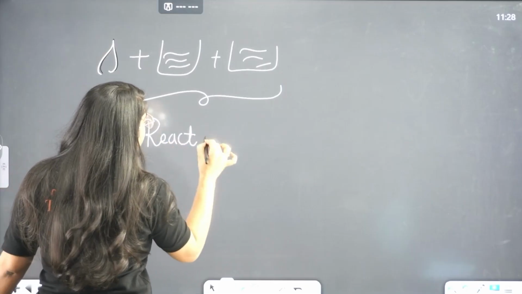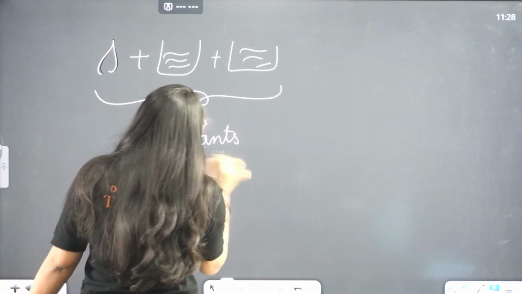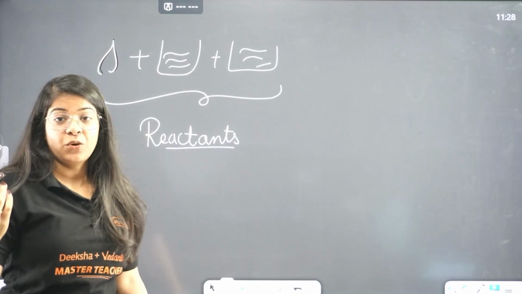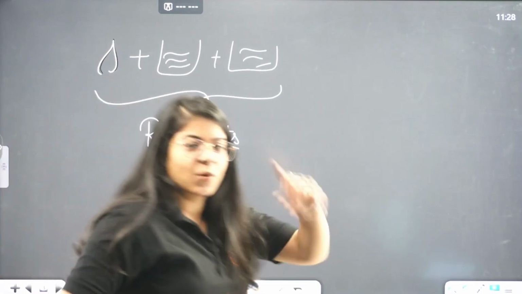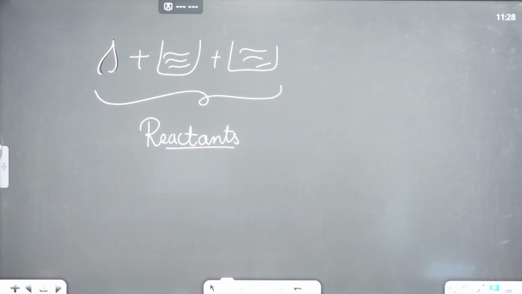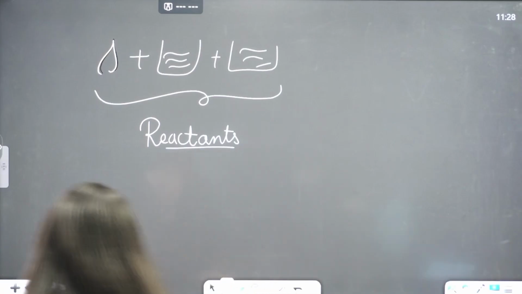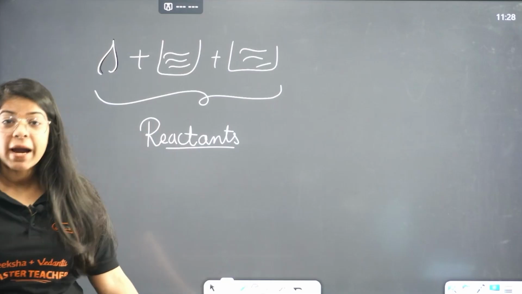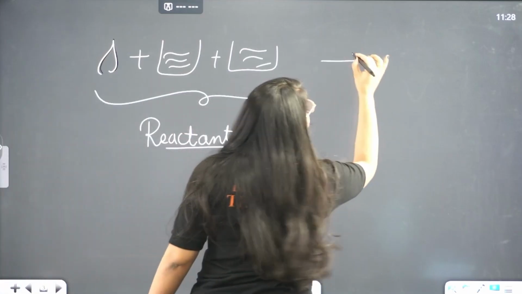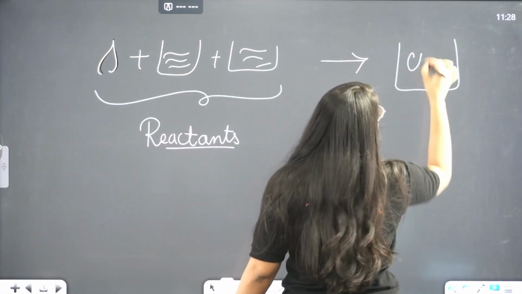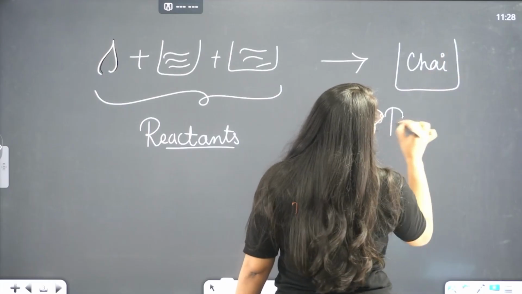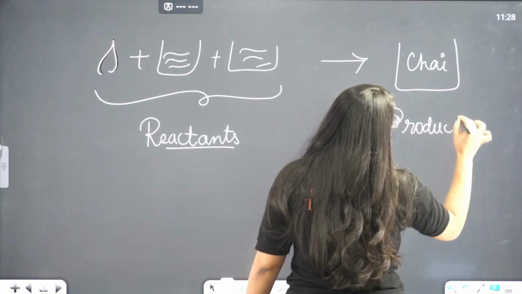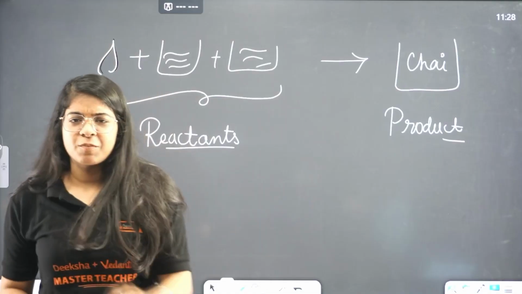Along with making very interesting chai, we are going to study a bit of chemistry as well, right? So these are reactants. Reactants combine together to form a very tasty chai, and this chai is our product. I am hoping that you know this much basic information by now, right?